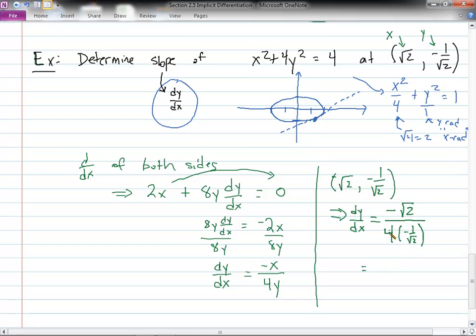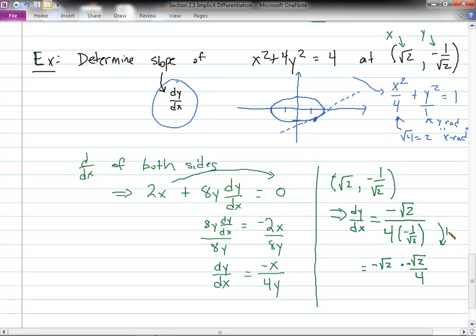So multiply the 4 times the negative 1 over square root of 2, I get negative 4 over square root of 2, and then invert and multiply.